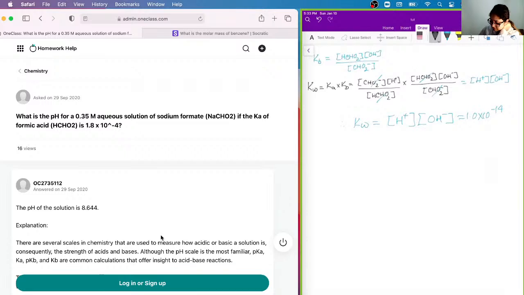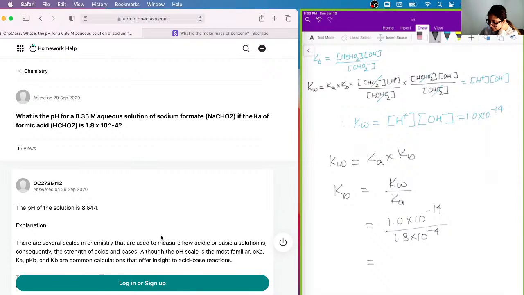We can rearrange the equation where Kw is equal to Ka times Kb. Rearranging to find Kb, we have Kb is equal to Kw over Ka. And we know Kw is 1.0 times 10 to the power negative 14, and Ka is given, which is 1.8 times 10 to the power negative 4.